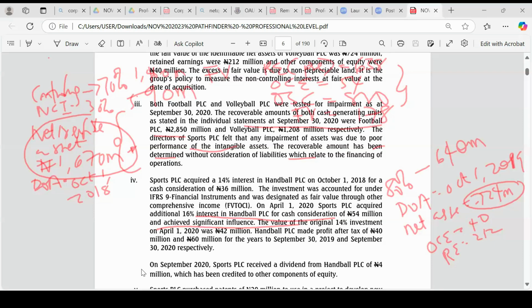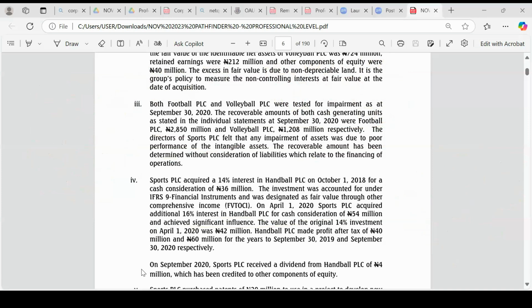The recoverable amount of both cash generating units as stated in the individual statements as at September 30th, 2020 were Football PLC 2.85 billion, Volleyball PLC 1.208 billion, respectively.